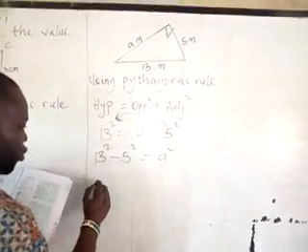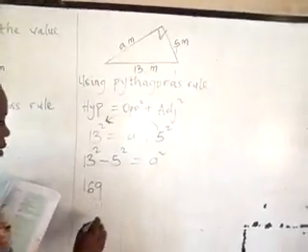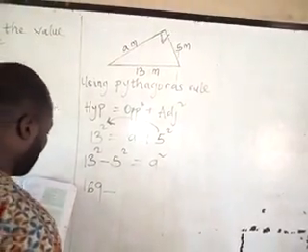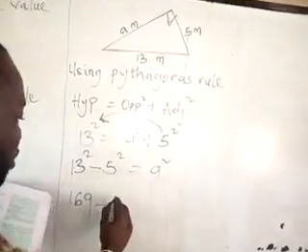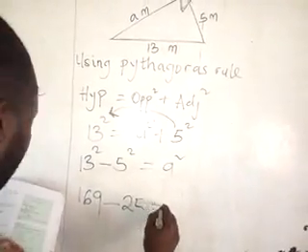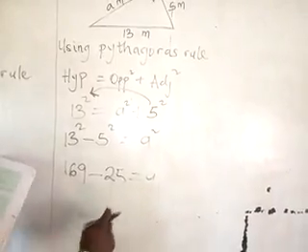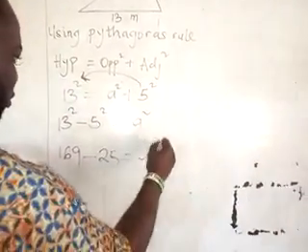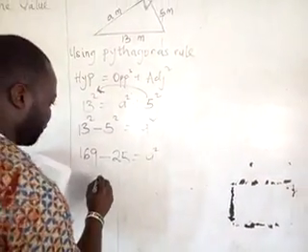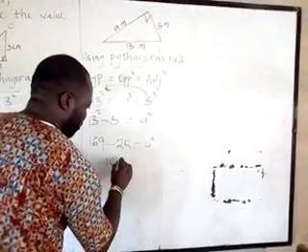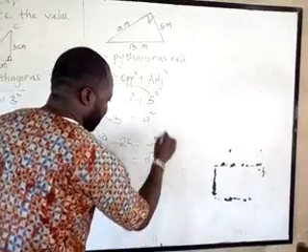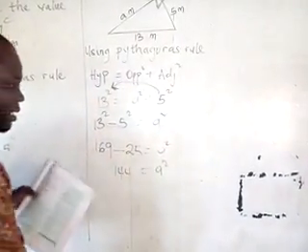What we have is very simple. 13 square will give us 169. Minus 5 square, which is what? 25. Then everything equals what? A. 169 minus 25 will give us 144 equals a square. So what's the next thing?